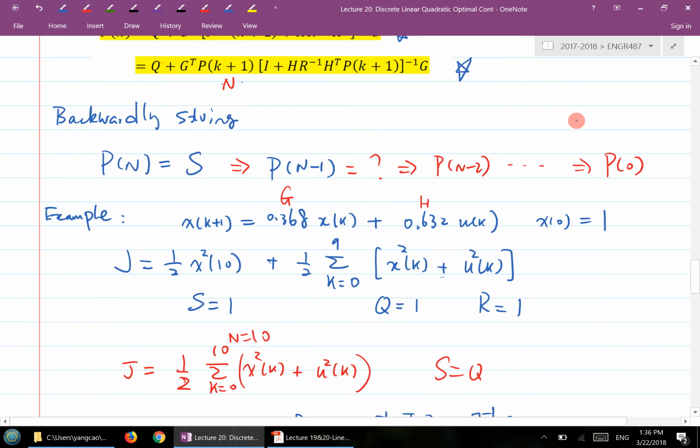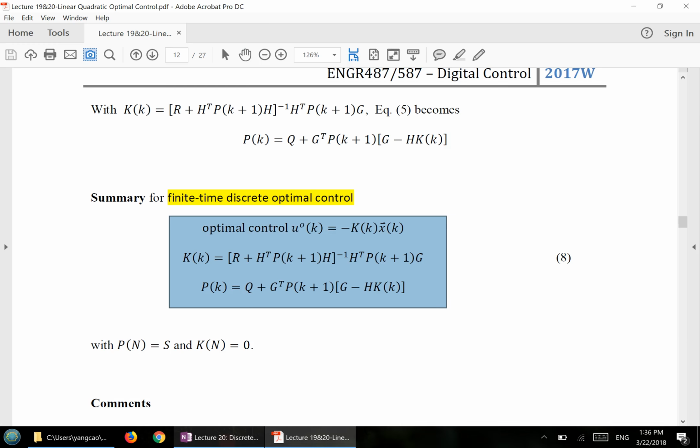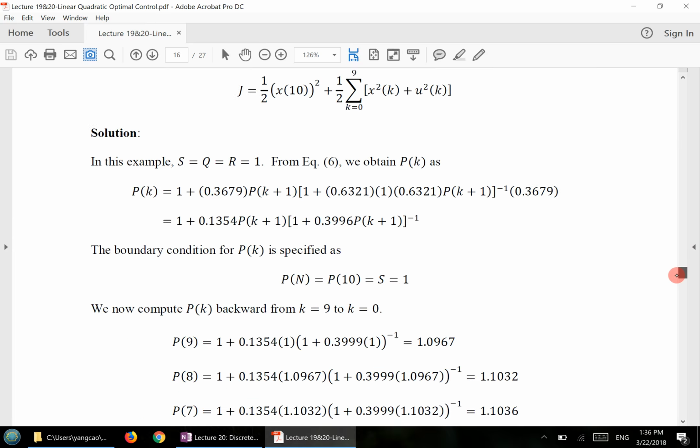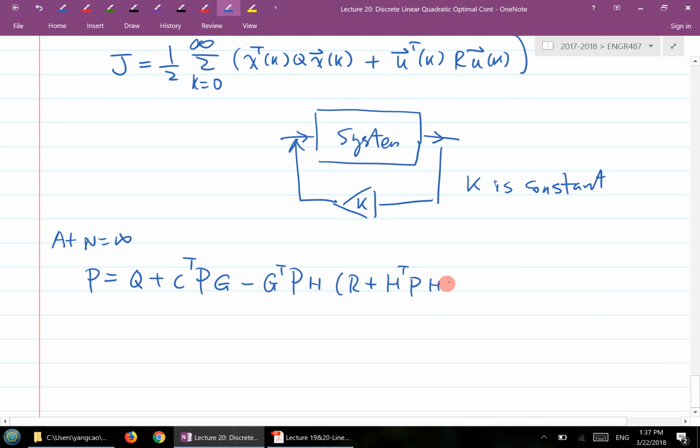So your discrete Riccati equation at n equal to infinity, P will equal Q plus G transpose P G minus G transpose P H times (R plus H transpose P H) inverse times H transpose P G. So both sides take the same value of P now. Same value of P.